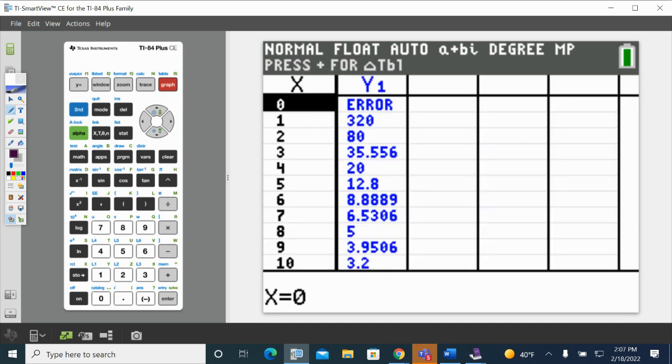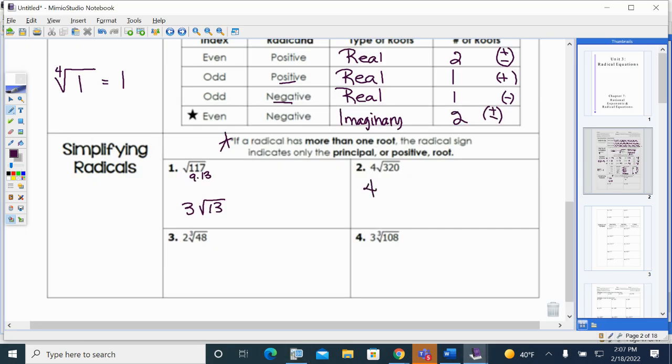I'm going to get 8 square root of 5. So I got 4 times 8 times the square root of 5, which gives me 32 times the square root of 5. Again, I know there are some of you that are using the perfect squares, which is great. I'm just using the calculator for those that are using the calculator.